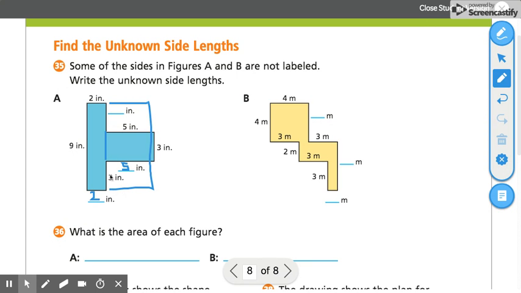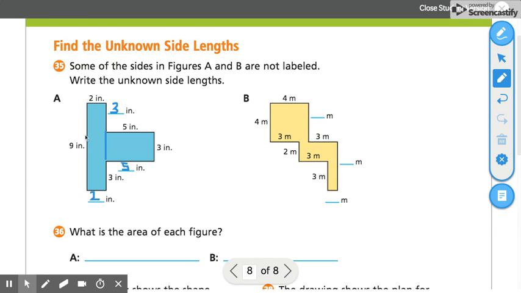So I can look at all of my vertical pieces, and I want to make sure that they add up to 9. So I have 3 plus 3, which is 6. If I have 6 plus what equals 9, I know that this is also 3. So now I have all of my sides. Once I have all my sides, I can calculate my perimeter.